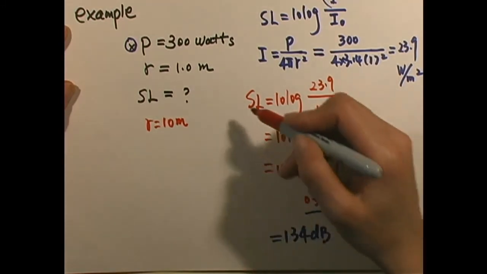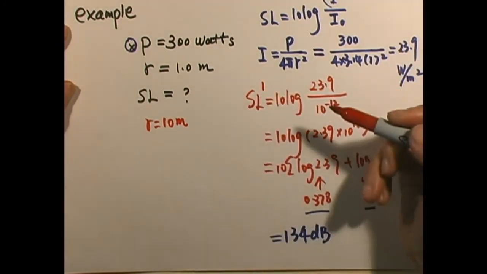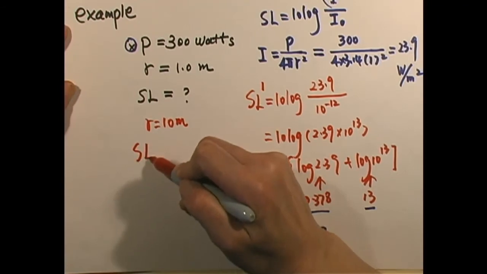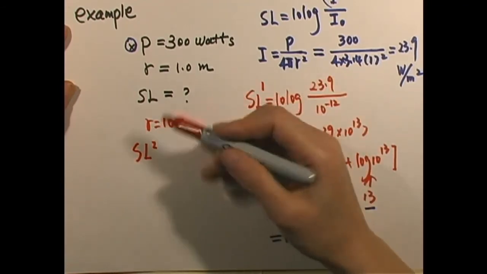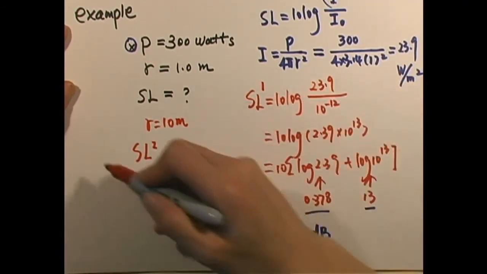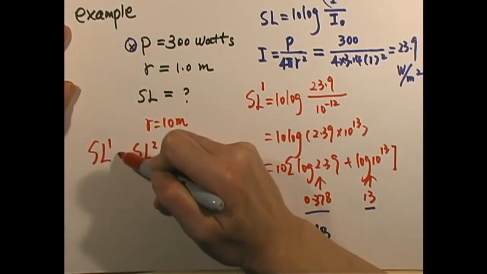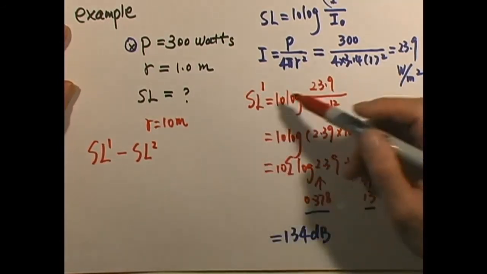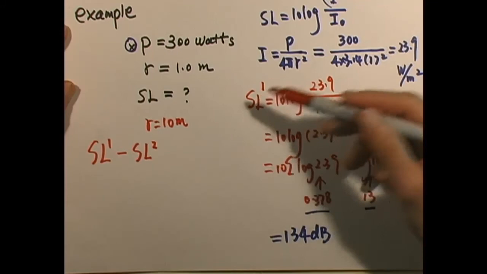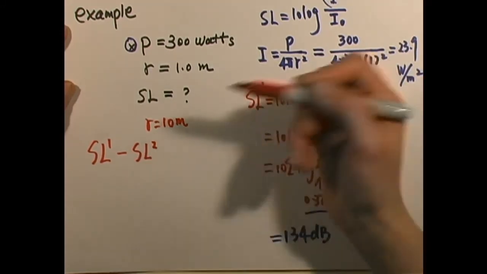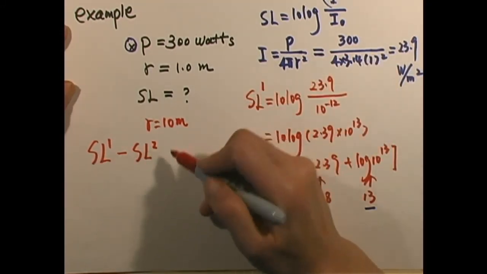So let's name this SL1, and what we want now is SL2 when R equals 10 meters. We better use SL1 minus SL2, because when you are closer, the sound level is higher. So that will give us a positive number.